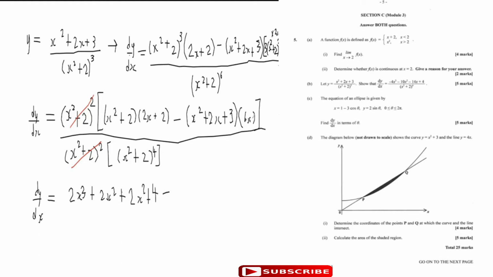Now x squared times 6x, that's subtracting 6x cubed. Then 6x times 2x, that's subtracting 12x squared. Then 6x times 3, it's subtracting 18x. And this is all being divided by your x squared plus 2 to the 4th power.